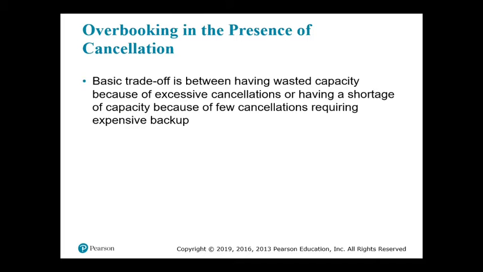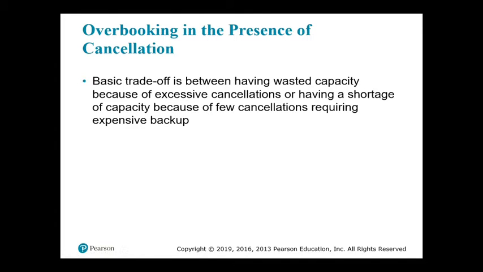And the basic trade-off is again between wasting capacity because there are a lot of cancellations later on, more than we anticipated, or having a shortage of capacity due to excessive overbooking in the beginning, so that in order to accommodate the small number of cancellations, we'll have to require expensive backups.